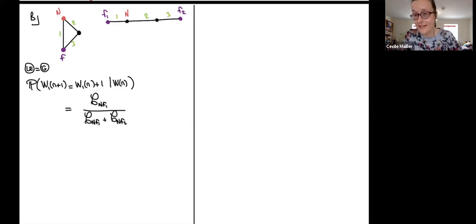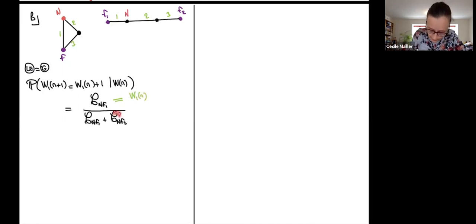What are these, right? So the effective conductance between n and F1, since there is only one edge, it's just the weight of this edge. So this is just W1 of n.